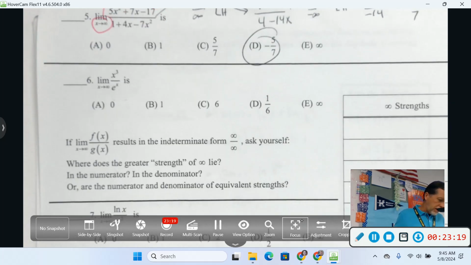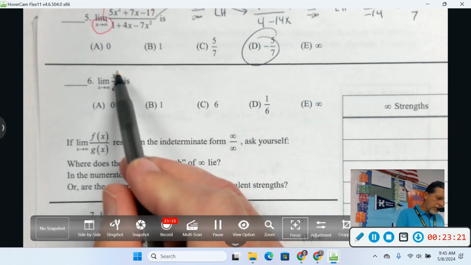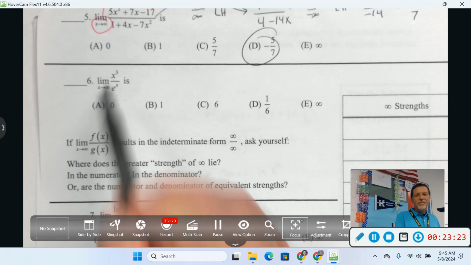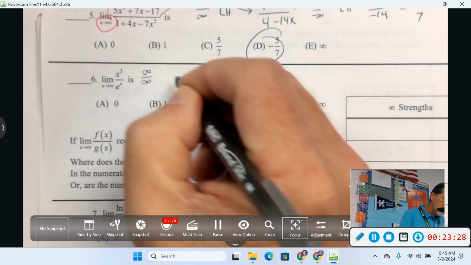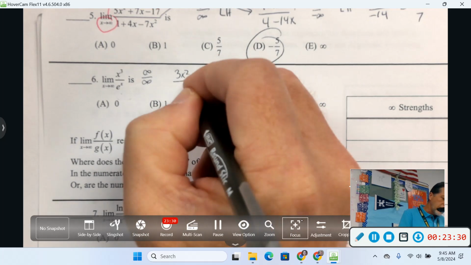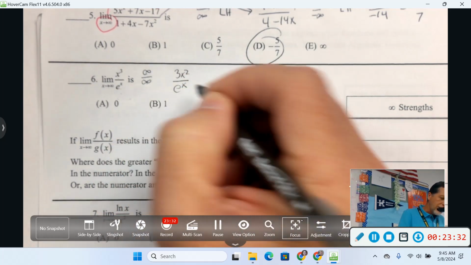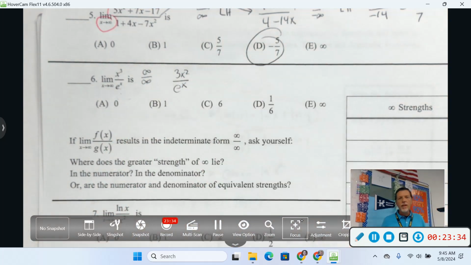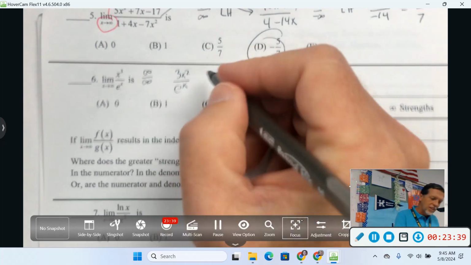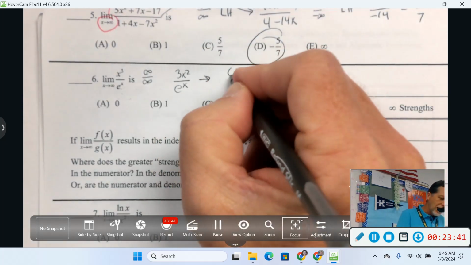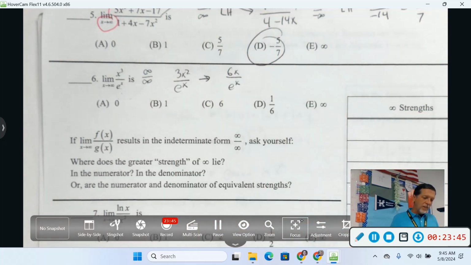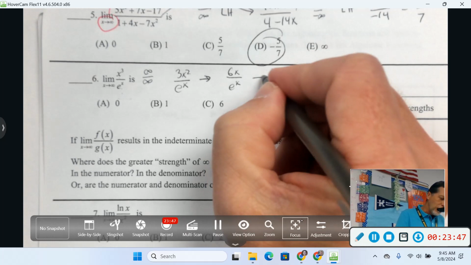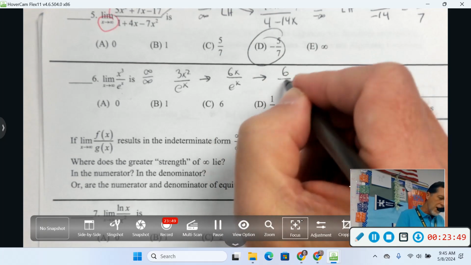All right, number 6. X cubed over e to the x. Infinity over infinity, so L'Hopital's, so 3x squared over e to the x. That's still infinity over infinity, but we're getting closer to something, so let's L'Hopital again. 6x over e to the x. I'm still at infinity over infinity, so L'Hopital one more time.